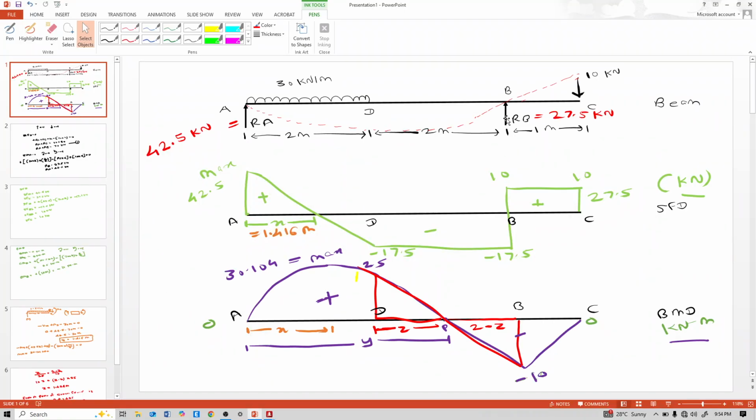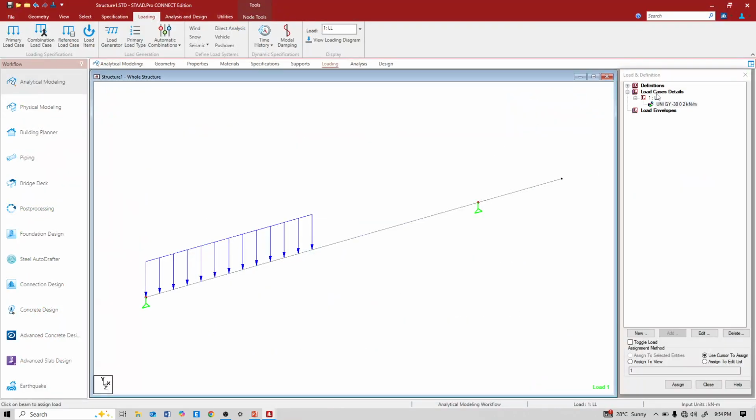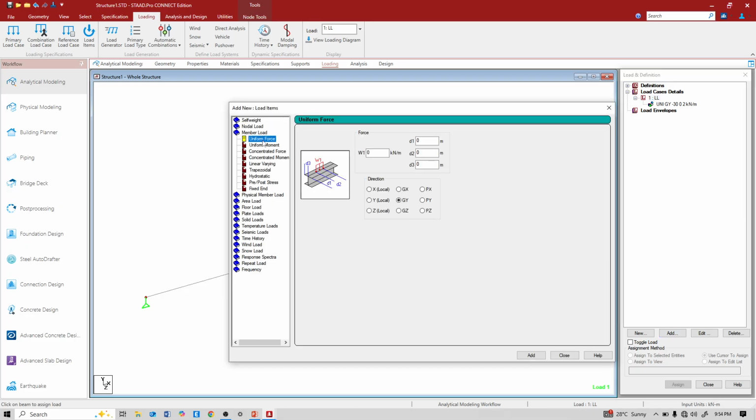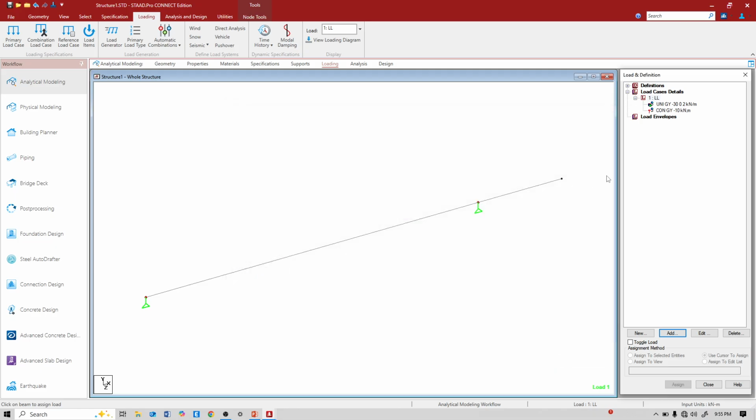Now at point C, 10 kN concentrated point load. Minus because of the downward 10 kN. So select, use cursor to assign and assign this node.